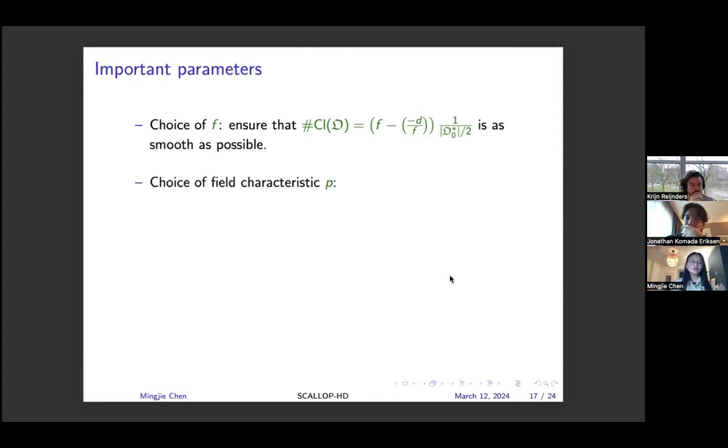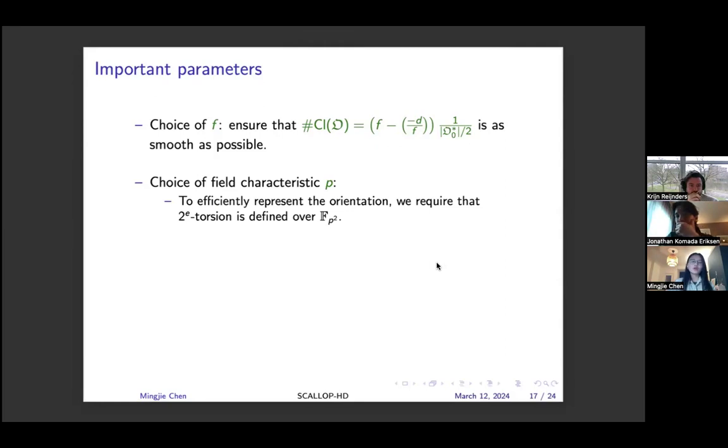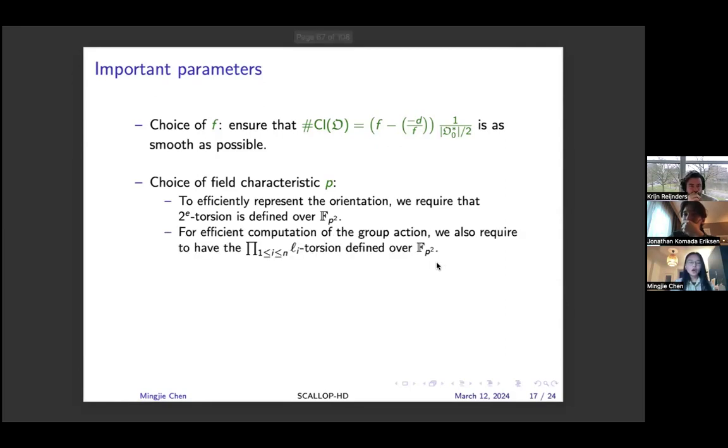And the choice of the field characteristic: we want to efficiently represent the orientation, so we require that the 2 to the e torsion is defined over F_p squared. And we also want to efficiently compute the group action, so we also want the product of the l_i to be defined over F_p squared. That in total leads to this shape of field characteristic p.